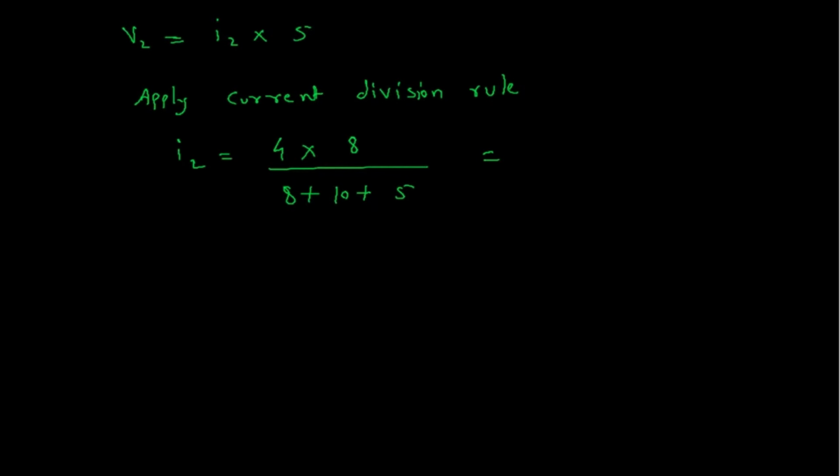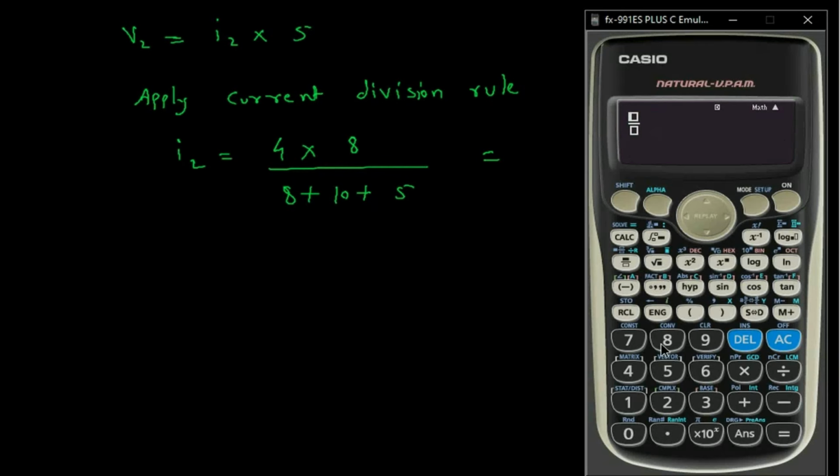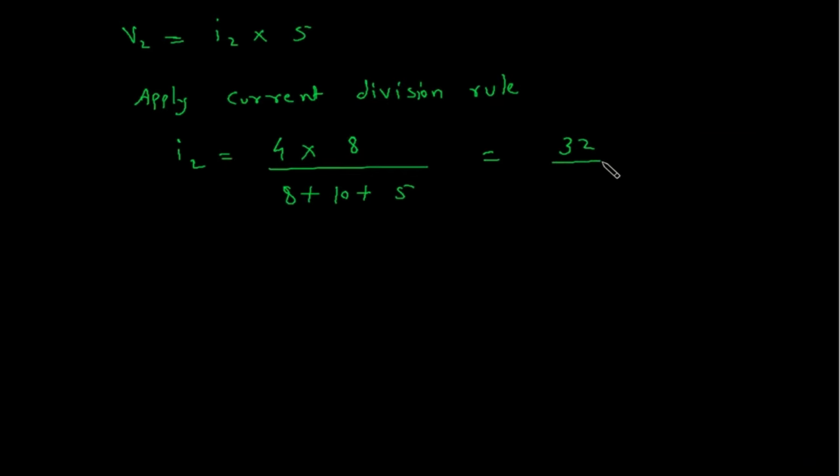So this will be 4 into 8 by 8 plus 10 plus 5, which is 32 by 23 ampere.